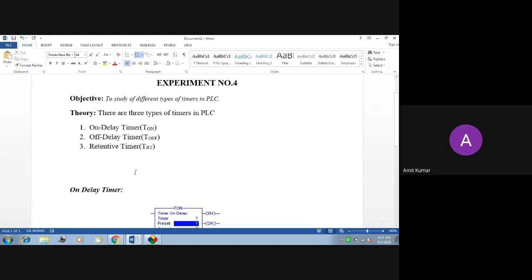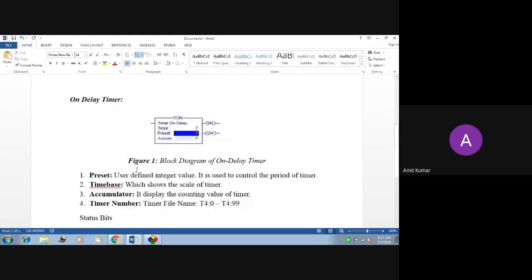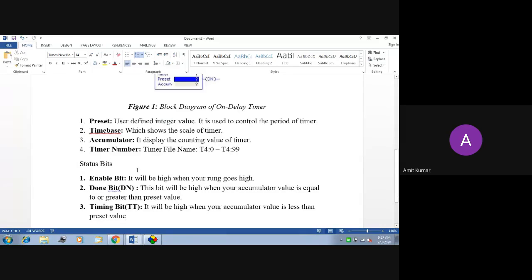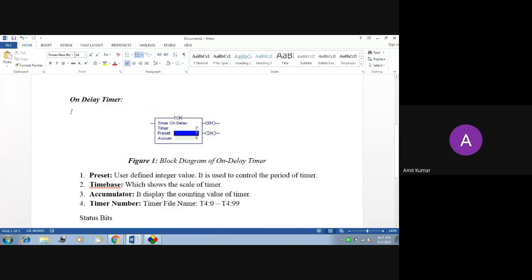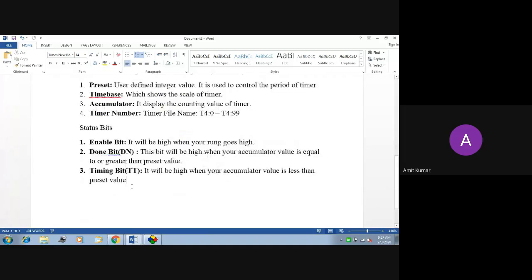If in your examinations you are asked to explain different timers or explain timers in PLC, you need to write at least this much information for one timer, and then you have to add an example.